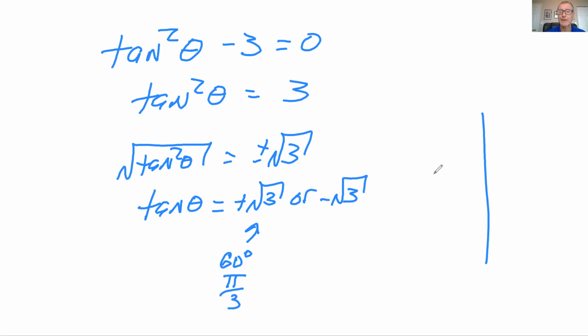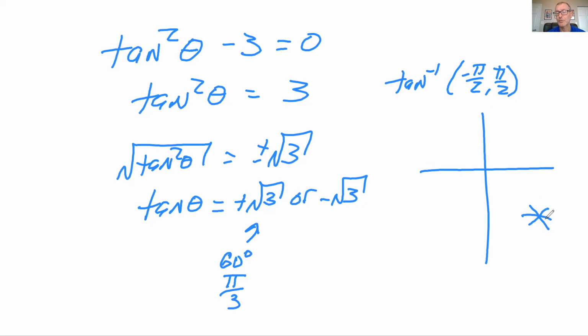Well, when we talk about minus, remember that tan inverse is defined on minus pi over 2 to pi over 2. So the logical answer would be an angle in quadrant 4. What would be the angle in quadrant 4?